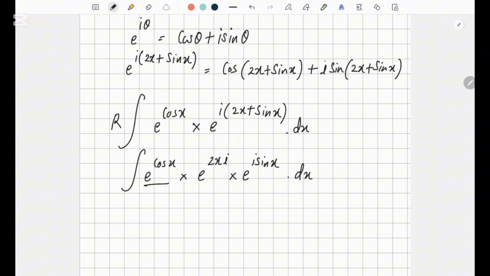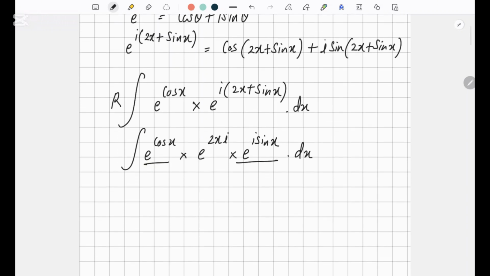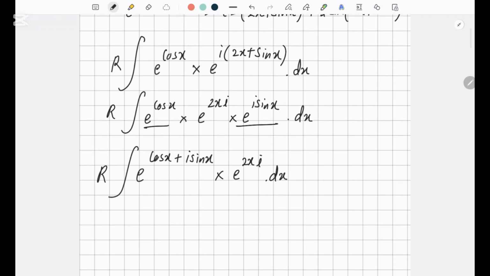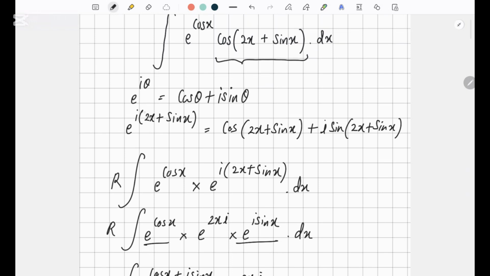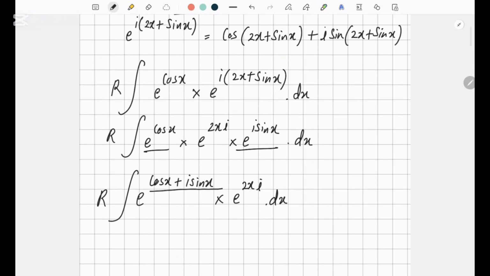Now we could bring this and this together, right? So you could write e to the power cos x plus i sin x into e to the power 2xi. Now what does this represent? Before I started the question, I wrote e to the power i theta equals cos theta plus i sin theta, right?